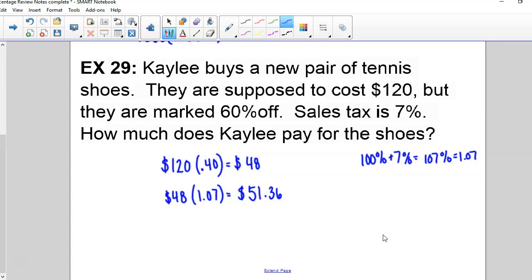What if we added the percentages and just did the 100 minus 67, and then we got that, and then we did 120 times point the minus 20? What if we did that? So you're saying multiply by, say it again. So if we add 60 plus 7, and then we do 100 minus 67 to find what we're paying.